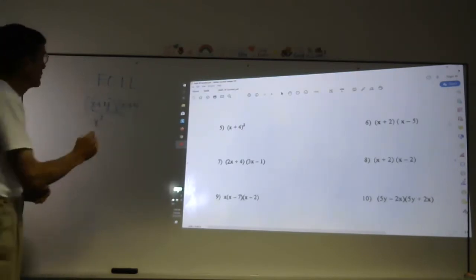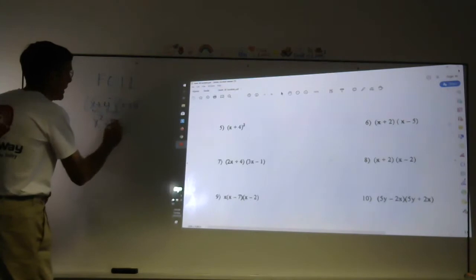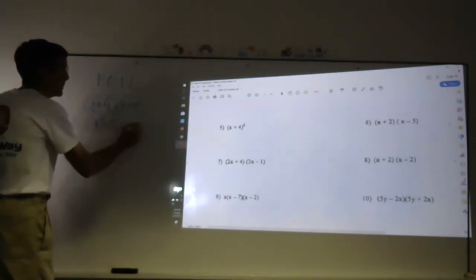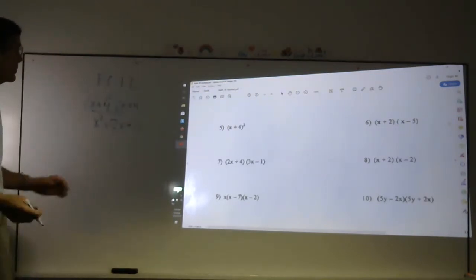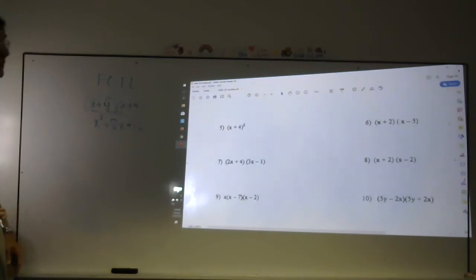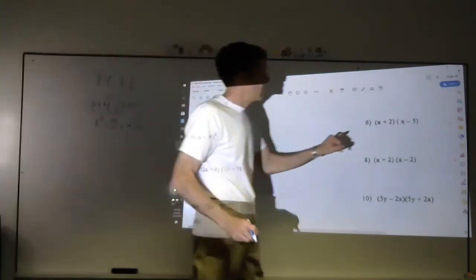They're both positive, you just add them. 8x, and then the last terms, 4 times 4, positive 16. So even though it's called FOIL, it works because of the distributive property. And there's your answer.